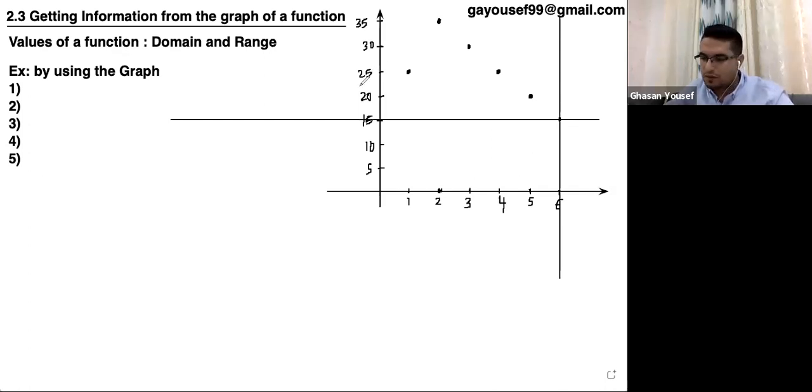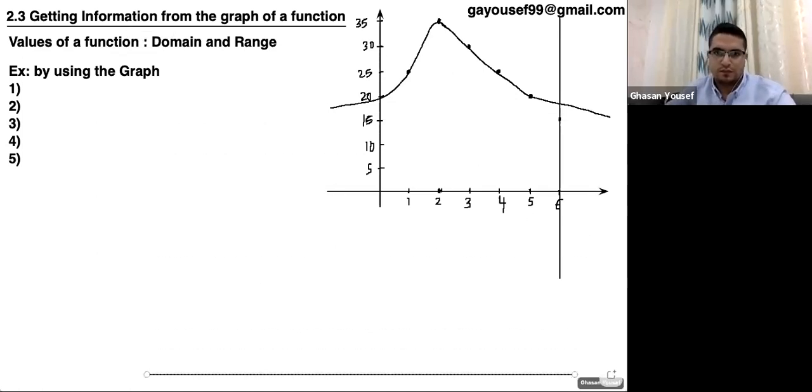So the graph of the function looks like this. Something like this.